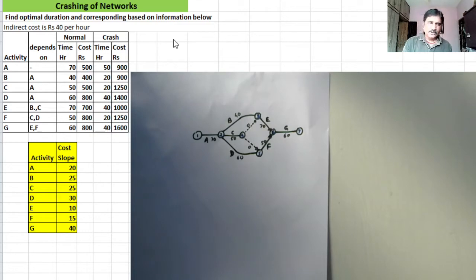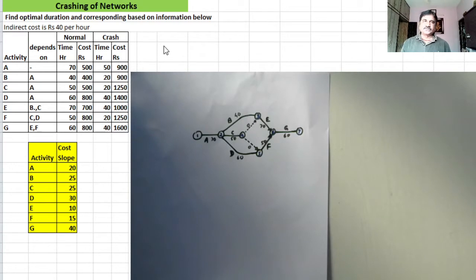Now, in this problem, you are given the data pertaining to time and cost when the project is carried out in the normal way, and also the information about time and cost if the time is crashed.